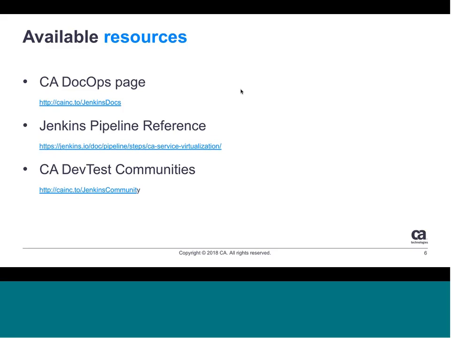Cool. Here's another one that's probably in the future. RF asks, he's assuming that we can only deploy to an existing VSE. What if I use Jenkins to create a VSE container as part of my pipeline? Yes, right now the plugin provides what I would call the core virtual service features or capabilities.